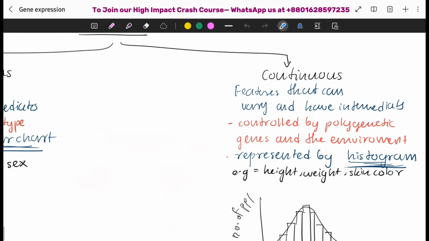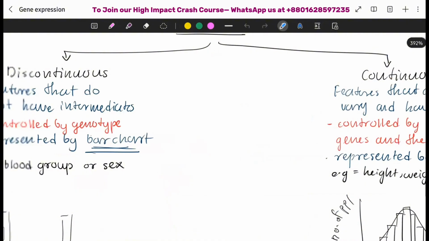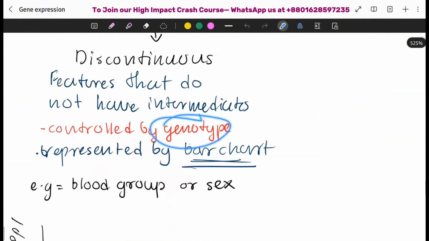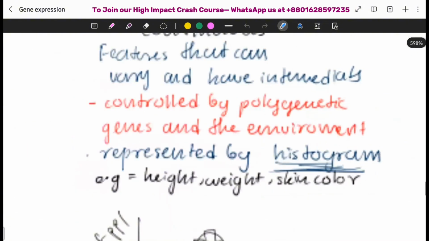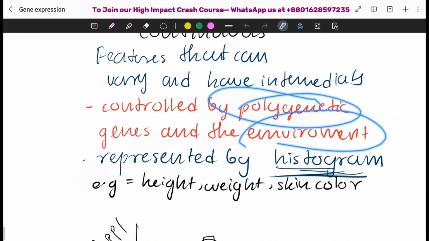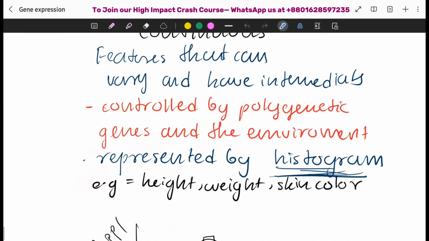It is controlled by polygenic genes and the environment, whereas discontinuous variation is controlled by the genotype. Take skin color. People in America are fair, but we Bangladeshi people are not so fair but not so dark, a mixture of all. Different people, due to their environment, have different skin colors.